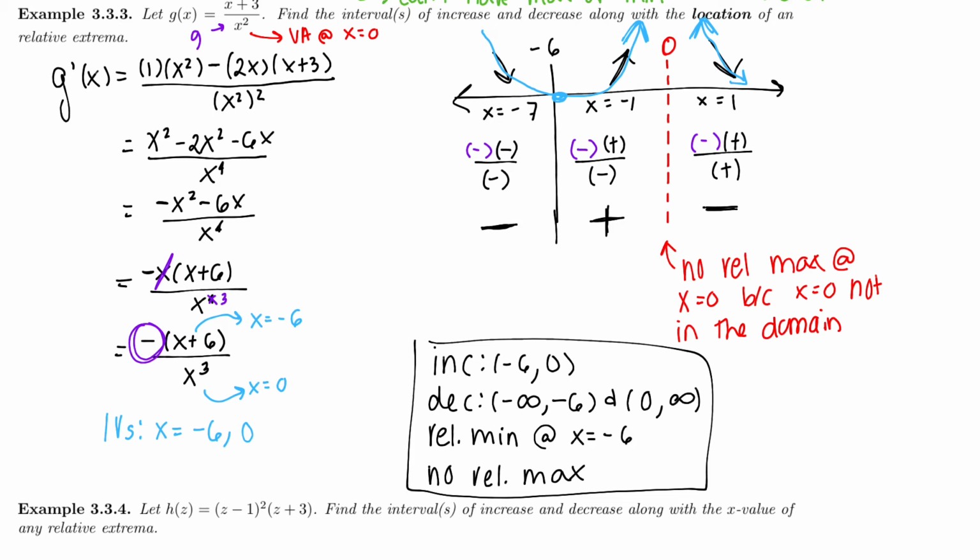If it opened down instead of up. Oh, so like if the graph looked like this, something like that. Right, then there would be no relative min. There would be a relative max right here, but no relative min. Yes.